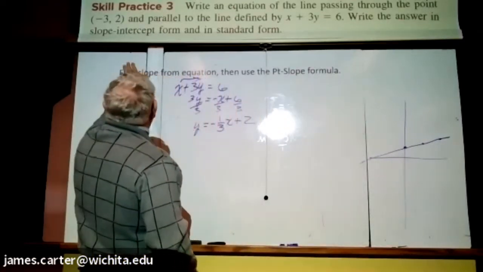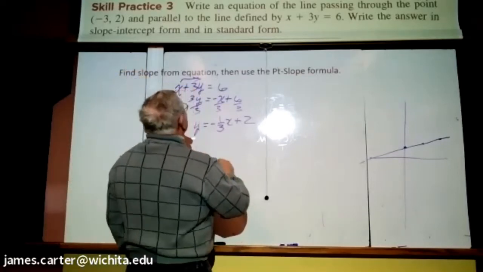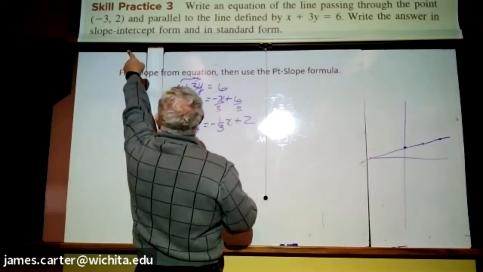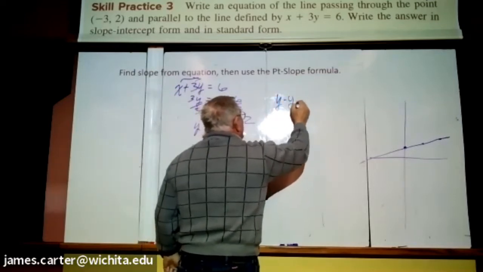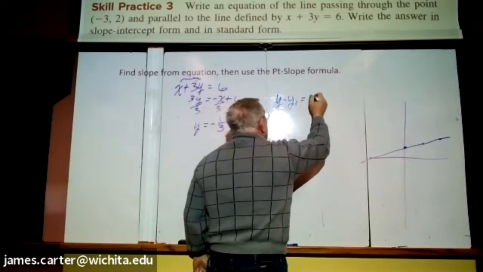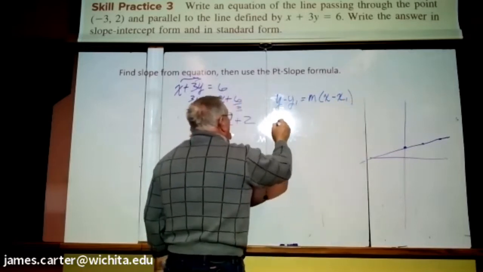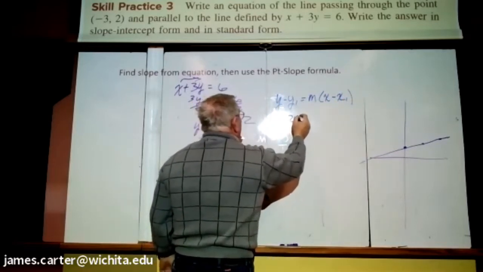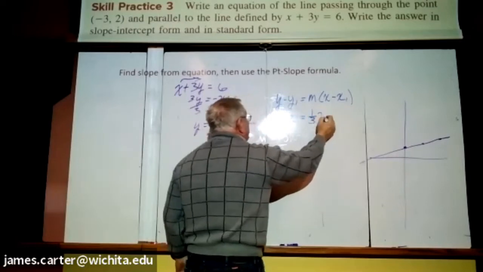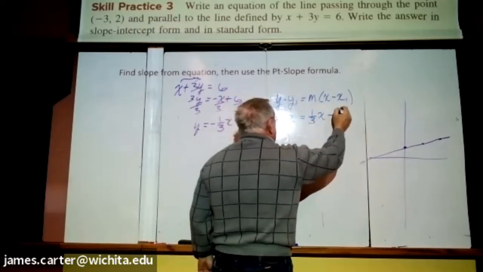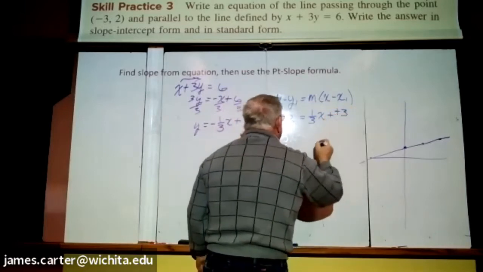Now, let's find the parallel line that goes through the point -3, 2. y minus y sub 1 equals m times x minus x sub 1. y minus 2 equals 1/3, since it's parallel, times x minus -3, which will change.